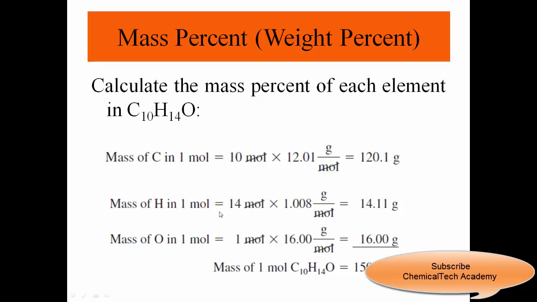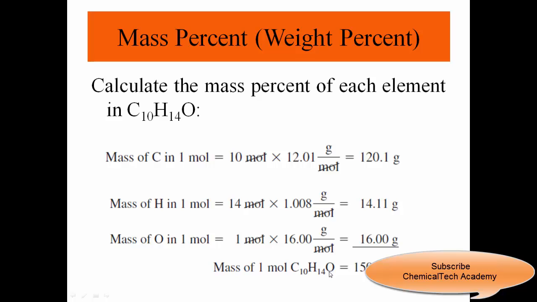Mass of hydrogen in 1 mole: we have 14 hydrogens, so 14 times 1.008 is going to be 14.11. Mass of oxygen in 1 mole is going to be 1 times 16 grams per mole, so we have 16 grams. If you add all this, you get the molar mass or molecular weight, which is 150.2 grams.